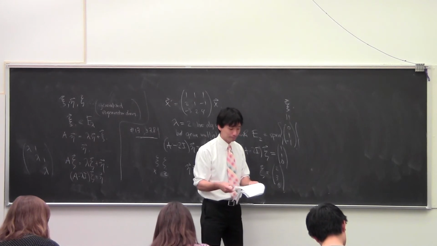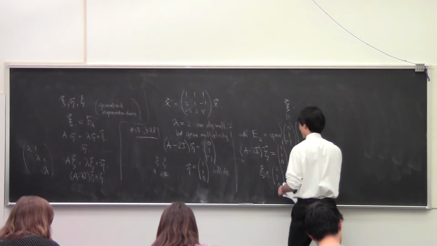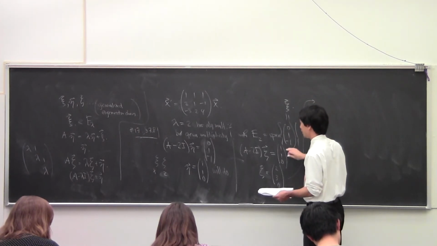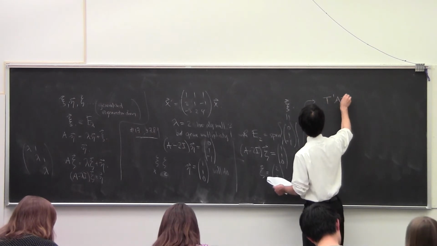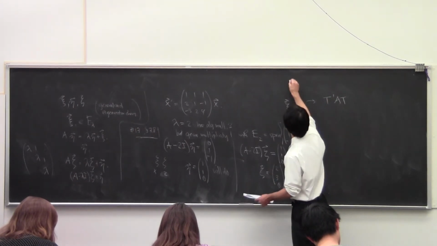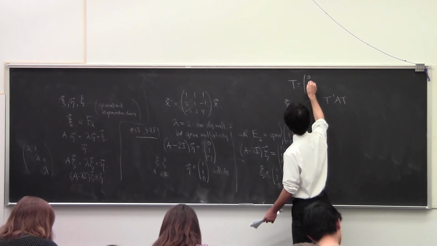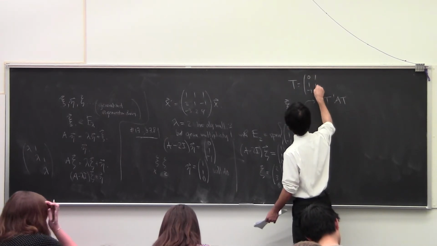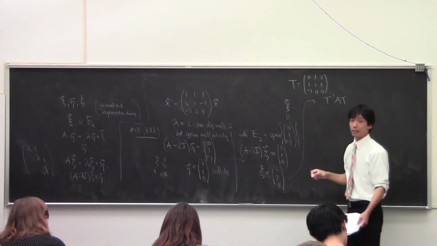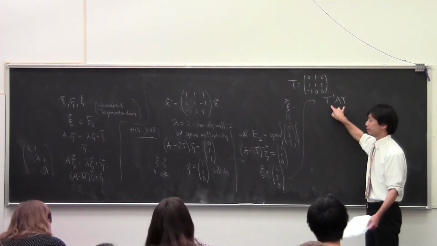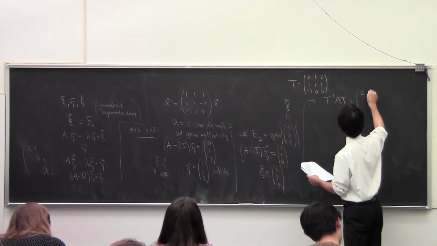Okay, and then from there, you create T. You use these guys to create a change of basis matrix, and then you change the basis, and you know what you're going to get.